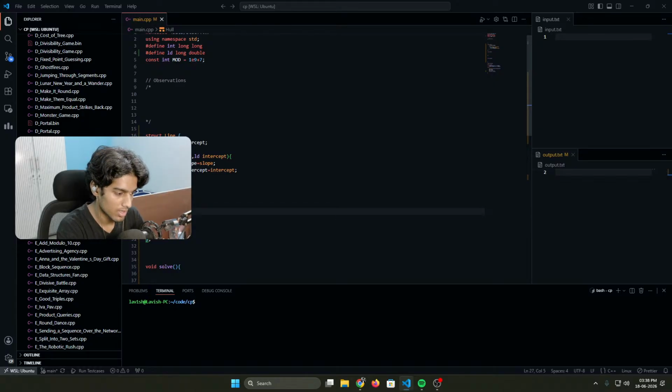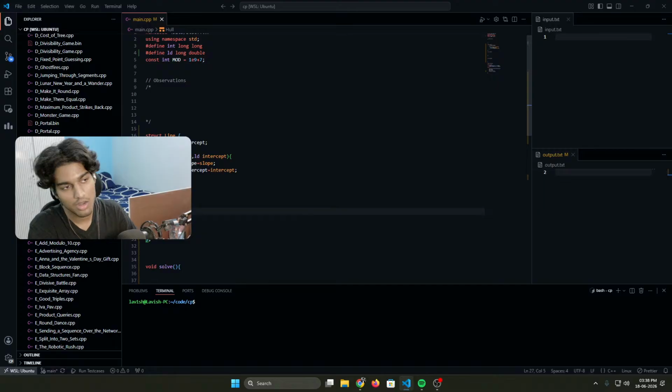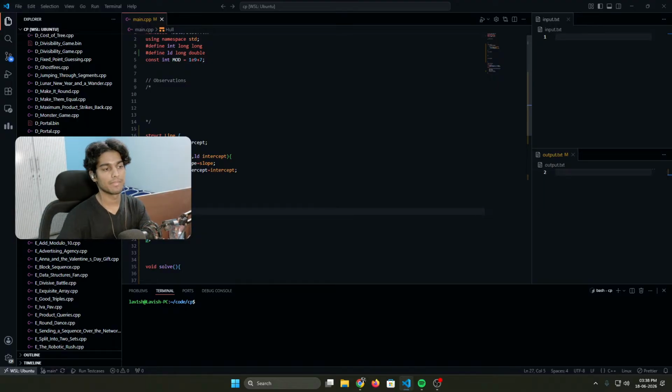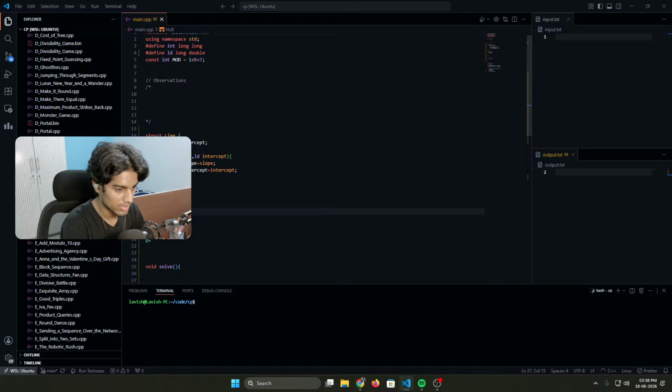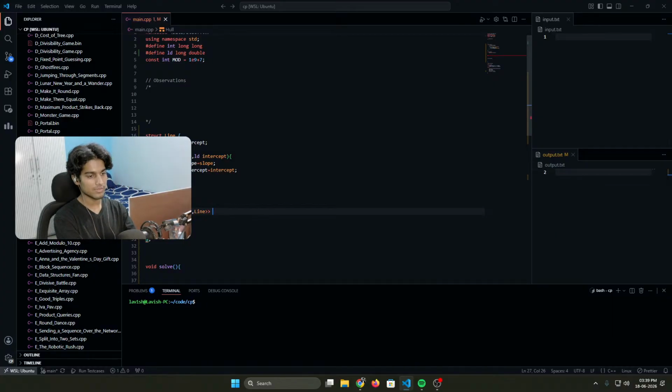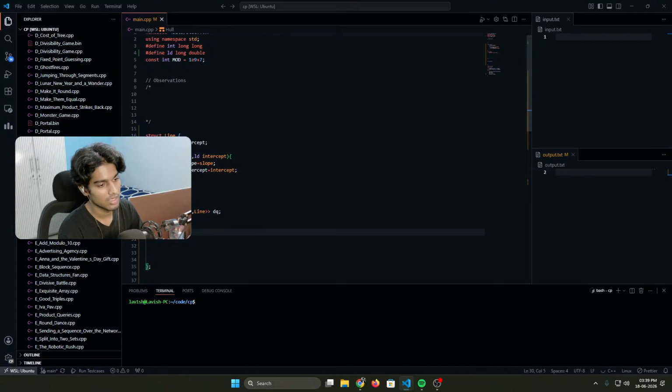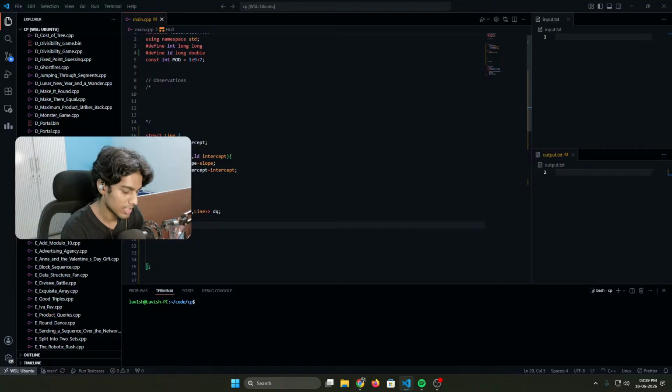So what do I want to have here? I maybe just need a queue. Or maybe a DQ, which will contain pairs of our value LD and line. That is fine. Let's call this dq only. How will I initialize this?